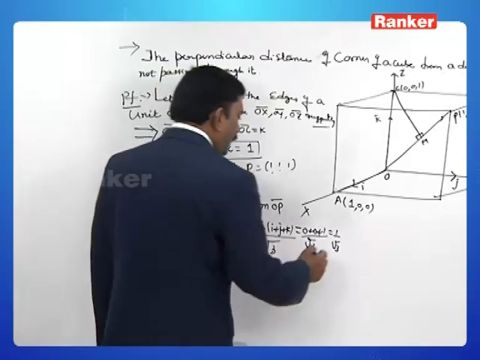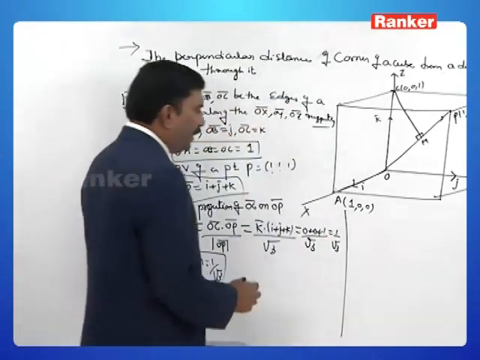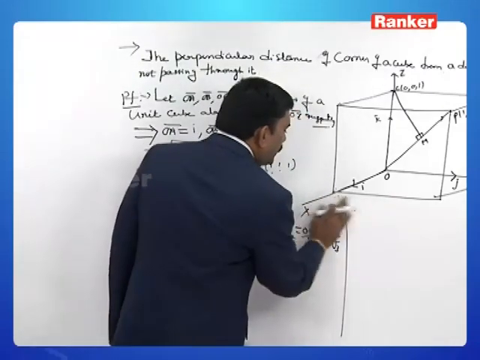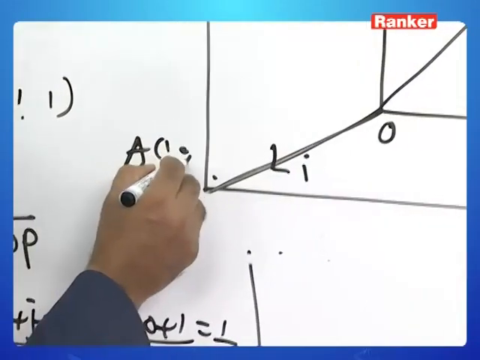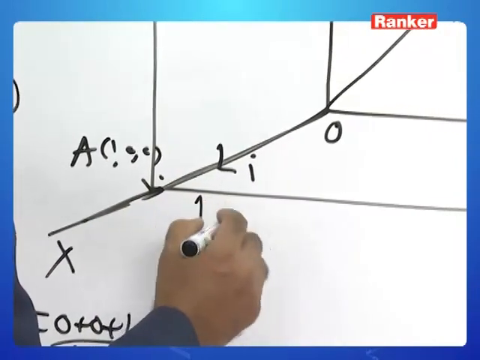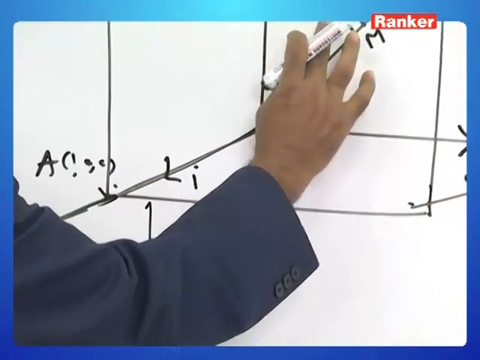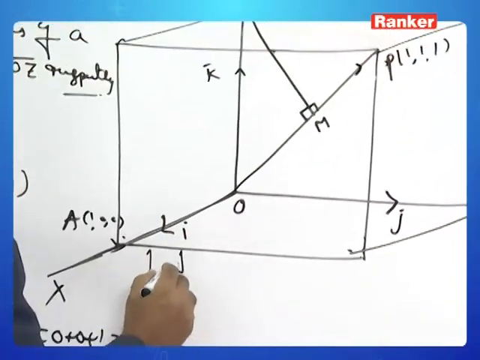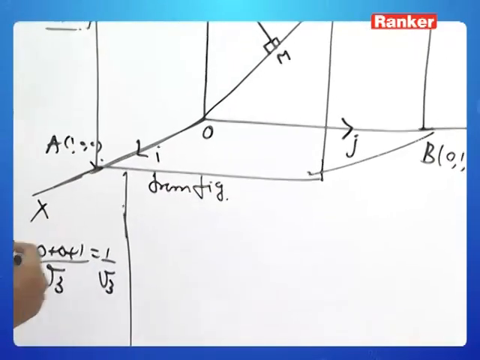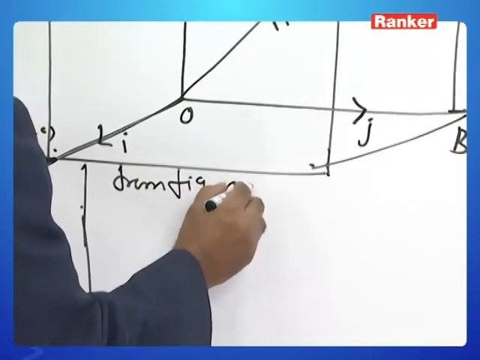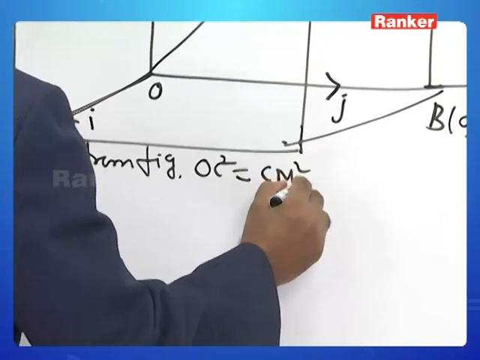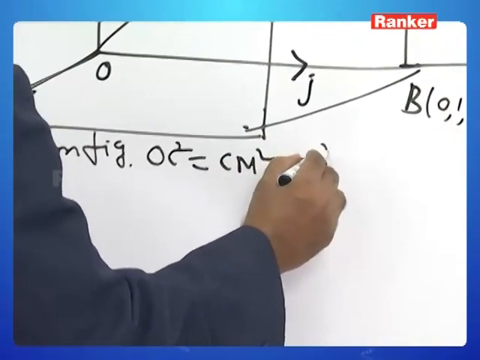Now I want to find CM. Let us write A as 1, 0, 0, this point. So what is CM? From this triangle in the figure, OC square is equal to CM square plus OM square.